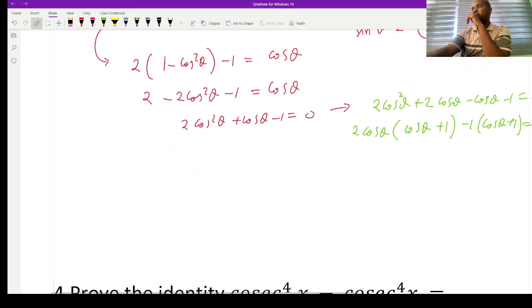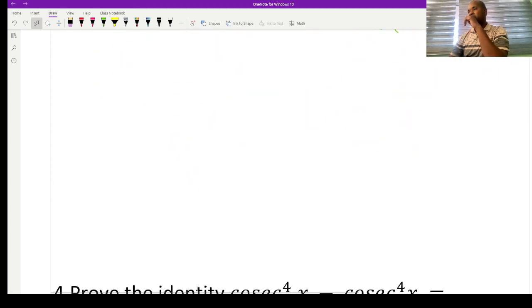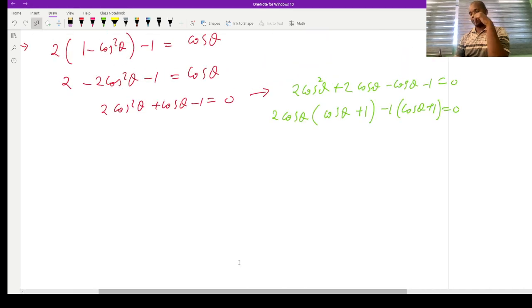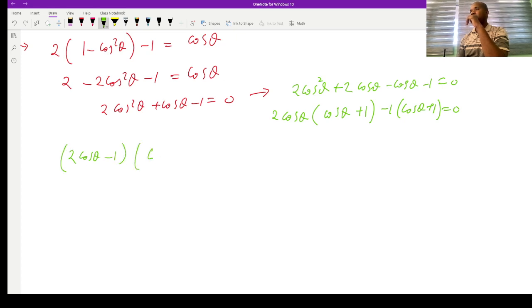So as we proceed solving the question, dear students, you can see that now the equation is reduced into factors: 2 cos theta minus 1, then you have cosine theta plus 1 equals 0.